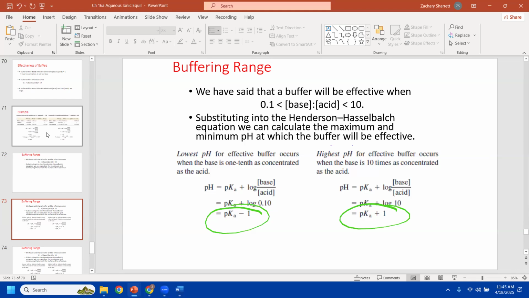The closest to 7.4, the better. If you want a pH of 13, you'd want to choose a pKa that's between 12 and 14. This just helps us decide which buffer system we want to use.